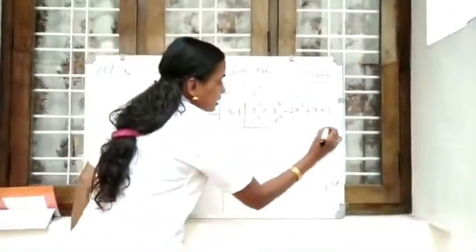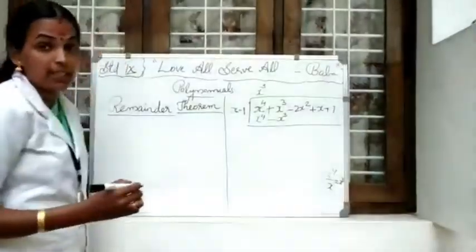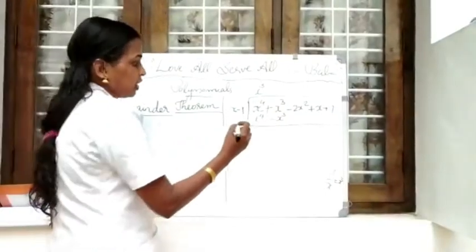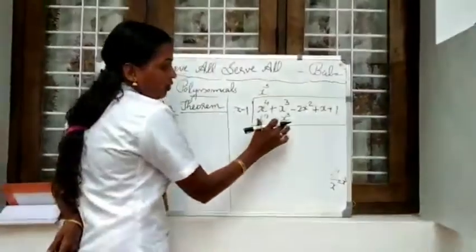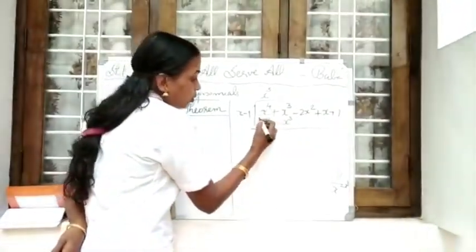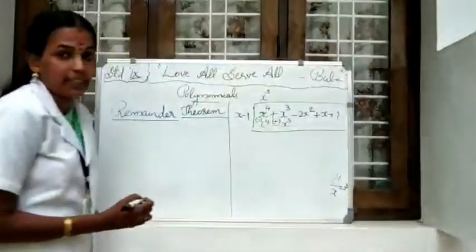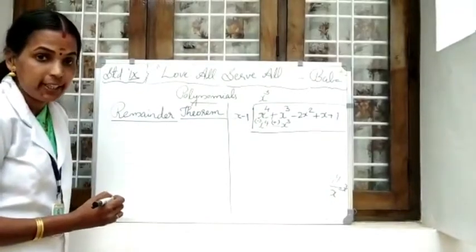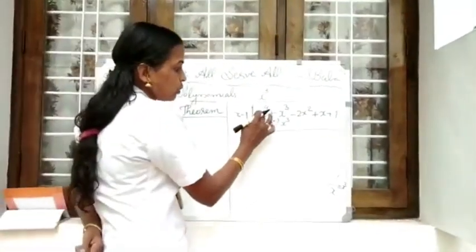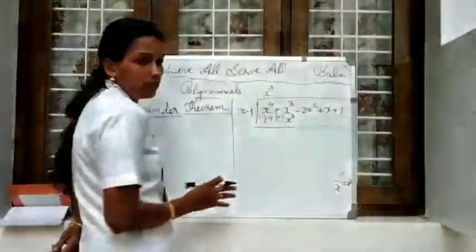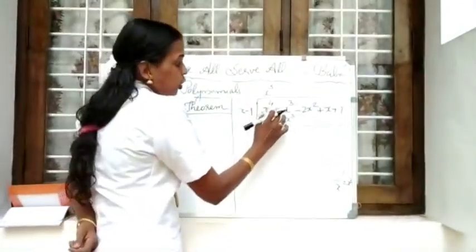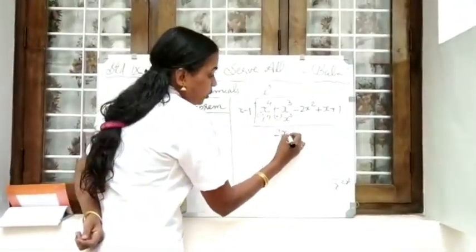Then subtraction. Repeated subtraction is division. So do division. For doing subtraction we have to change the sign and add. x raised to 4 minus x raised to 4, 0, plus x cube which is equal to 2x cube.